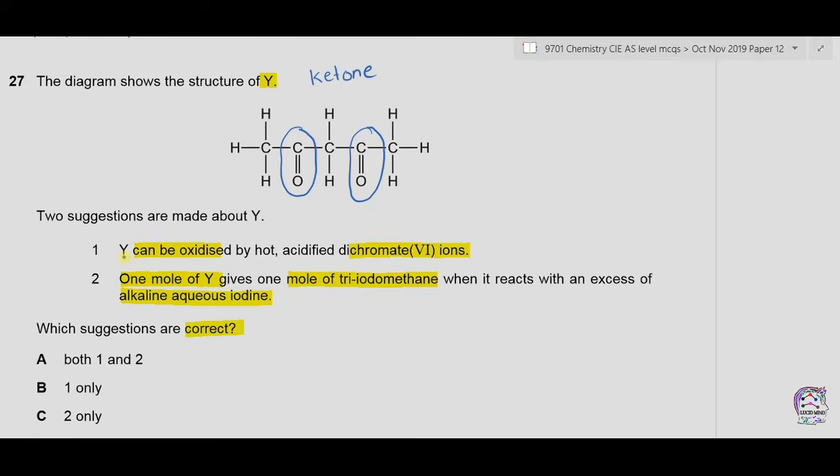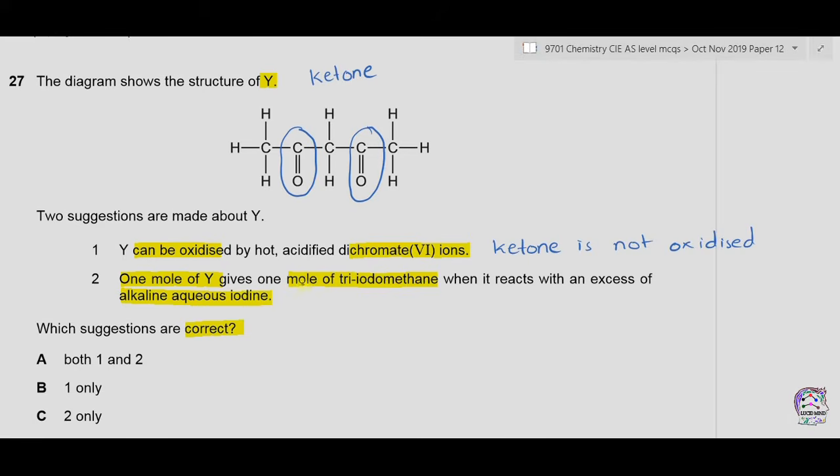Now looking into suggestions, we have Y can be oxidized by hot acidified dichromate 6 ions, as we know that ketone is not oxidized by this oxidizing agent. So therefore option 1 is incorrect. Second suggestion is that 1 mole of Y gives 1 mole of triiodomethane.